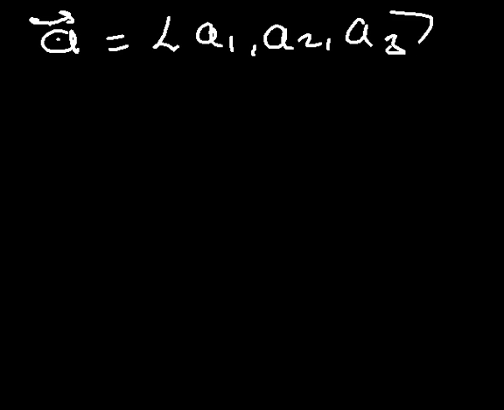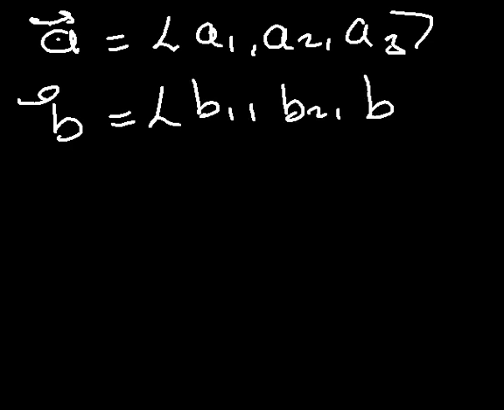So what is the cross product of the two vectors? Let's say we have a vector A with components A1, A2, and A3, and another vector B given as B1, B2, and B3.